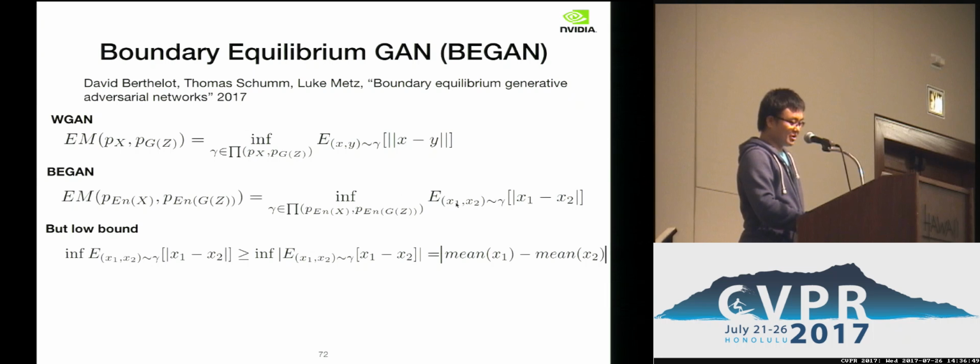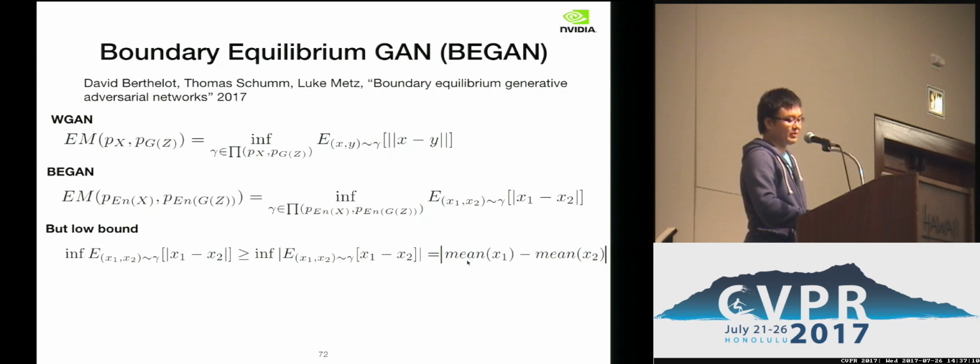And for this term, you can actually bound it below. You can take the absolute value out of the expectation and lower bound this objective value.